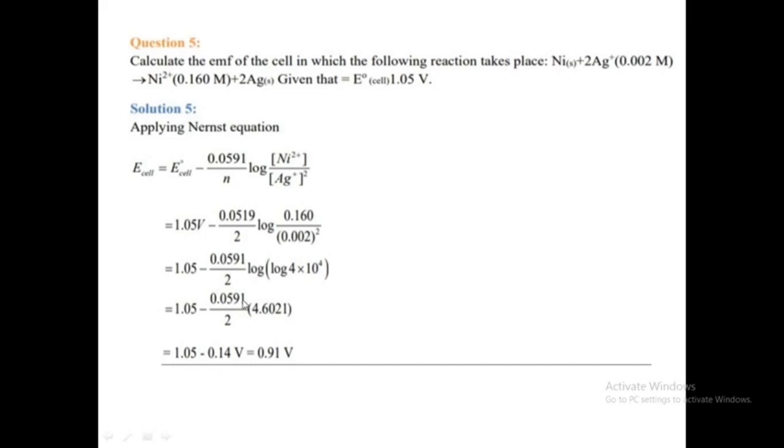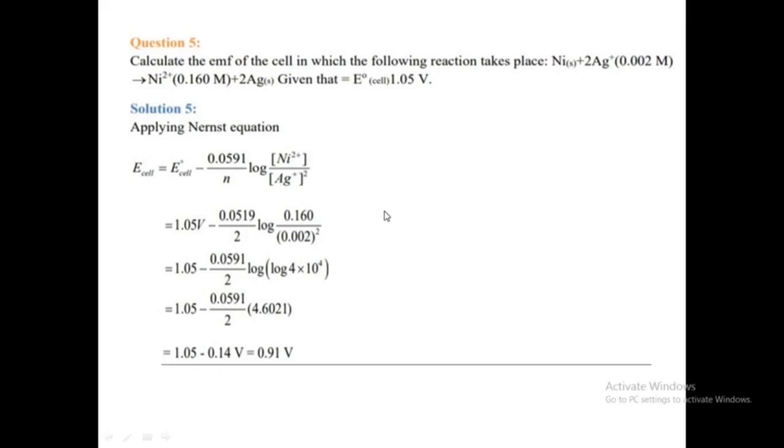Okay, so after putting these values and calculating, we will get 1.05 minus 0.14 volt, and the result is 0.91 volt. Therefore the EMF of this cell, after calculating, we get 0.91 volt.